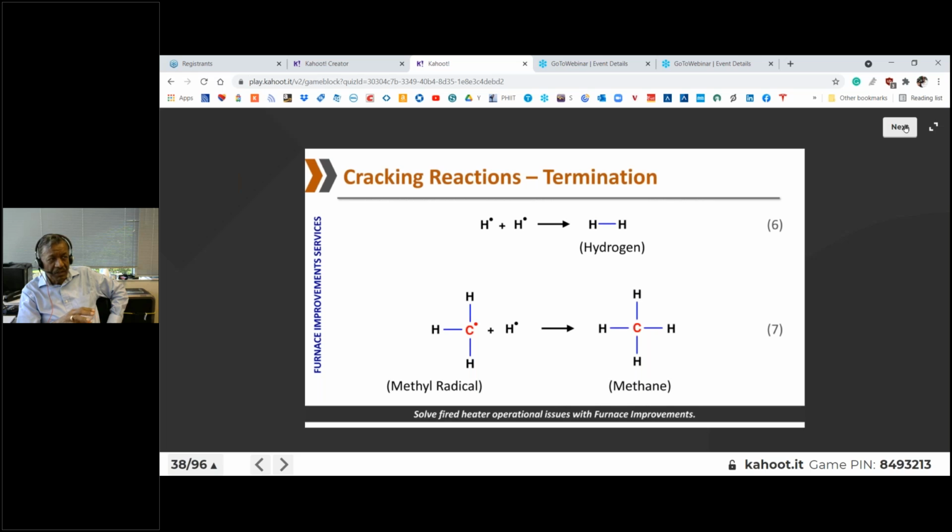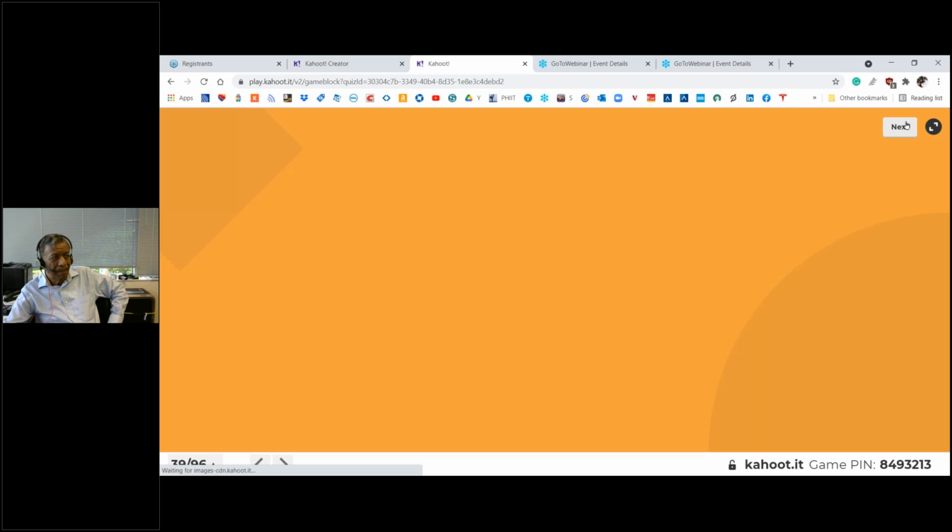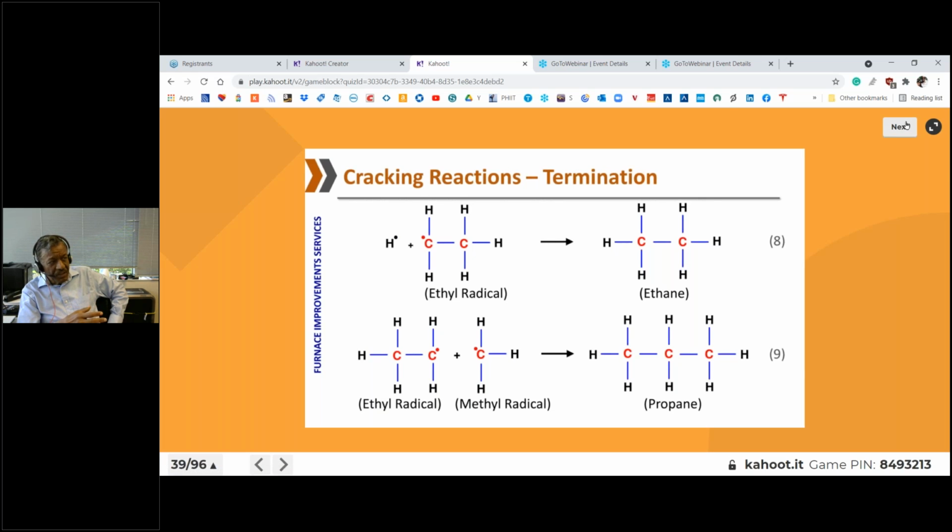And one thing we are seeing over here is if you get two hydrogen radicals, now we are in the termination stage of the reaction. So that is the last step of the reaction. And here radicals are reacting with each other and making compounds: hydrogen radicals combine to make hydrogen, methyl radical combines with hydrogen to make methane, ethyl combines with hydrogen to make ethane, and then ethyl and methyl radicals combine to make propane.